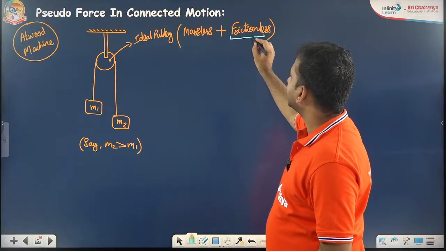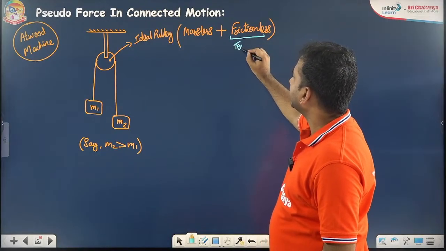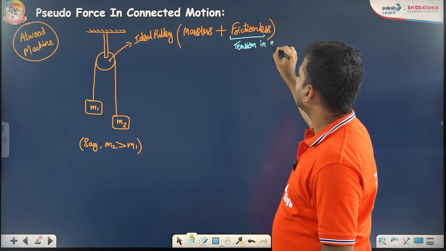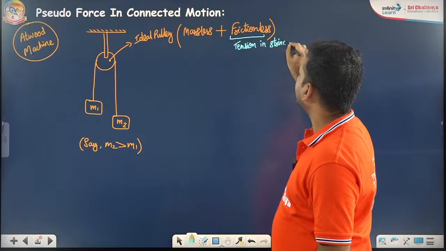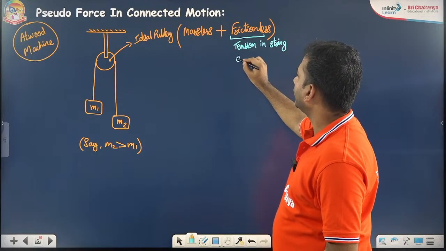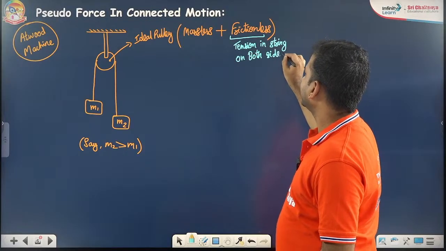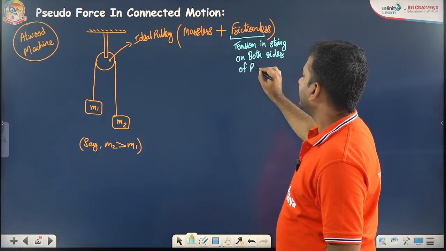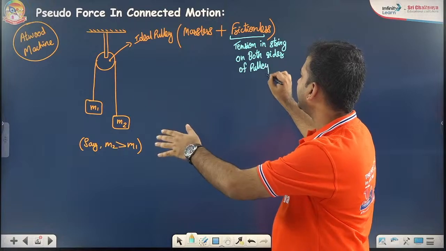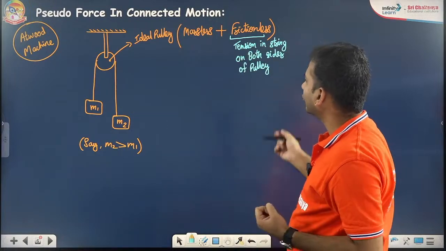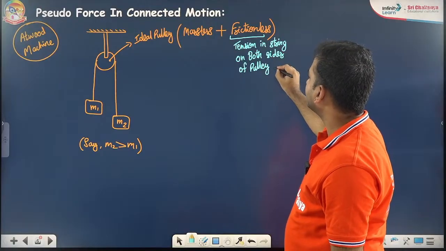If you call it frictionless, then you assure that tension in string on both sides of pulley is same, which means T left and T right, instead of considering T left or T right, you consider it to be T naught. Tension in string on both sides of pulley is same.